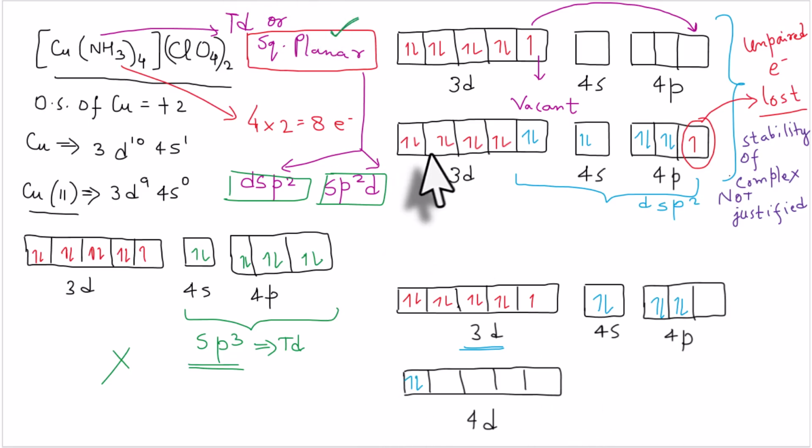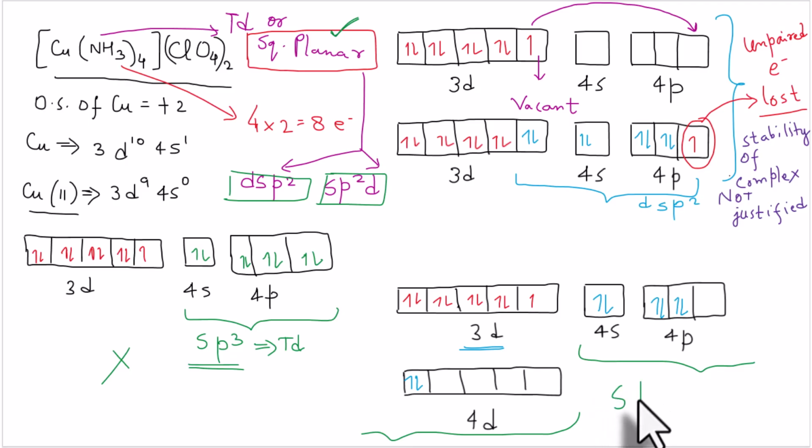So it then becomes this hybridization: s, 2 orbitals of 4p, sp2, and 1 orbital of 4d, d, sp2d.